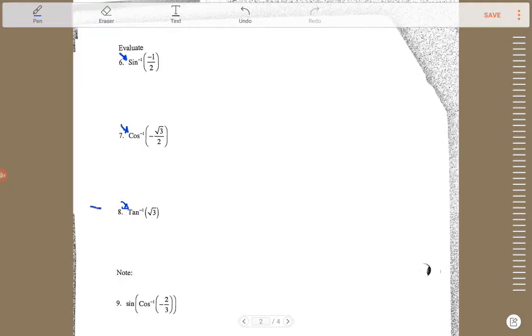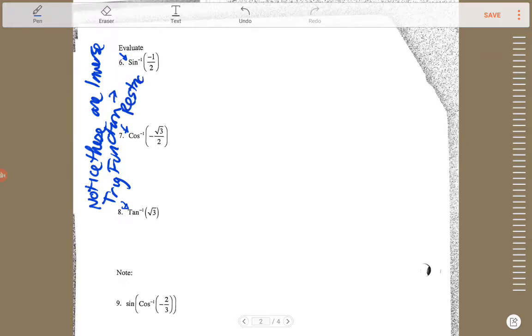So because these are inverse trig functions, we need to remember to restrict the domain.